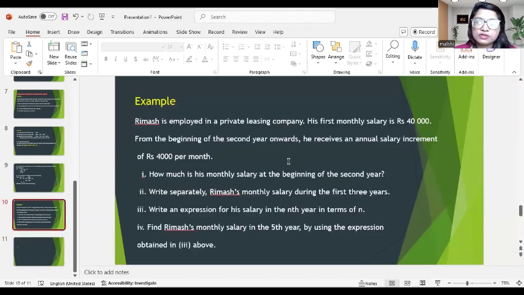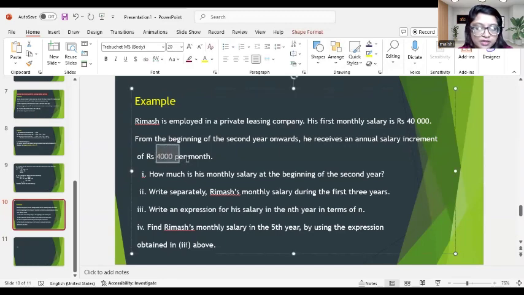Okay, according to the given example, his monthly salary is 40,000, and after the annual increment, his salary increases by 4,000 per month. It's an annual increment, no?